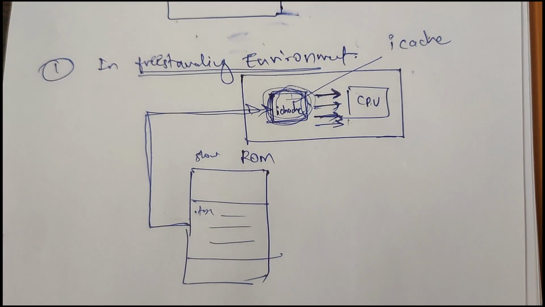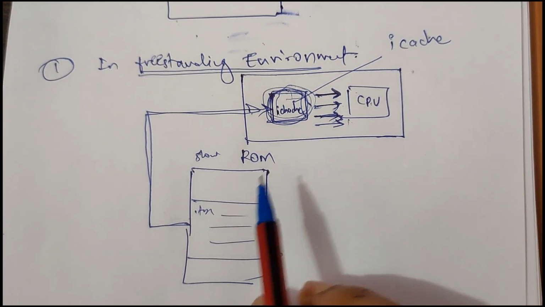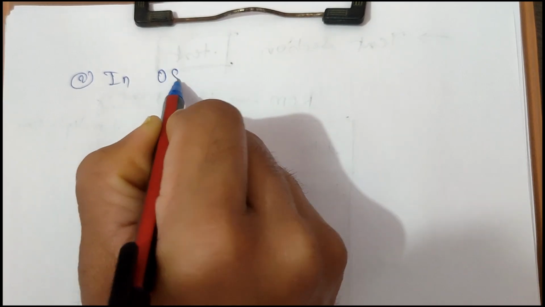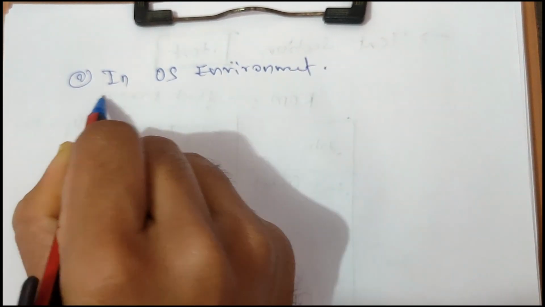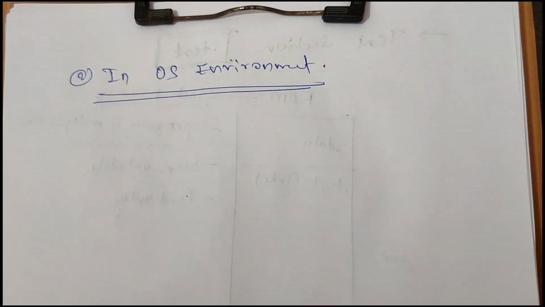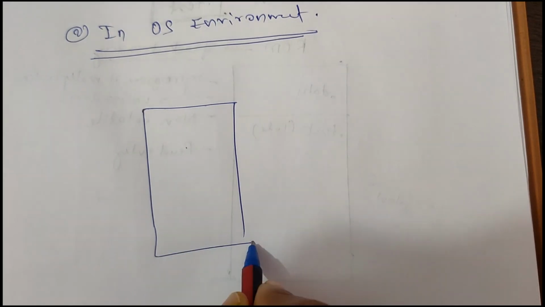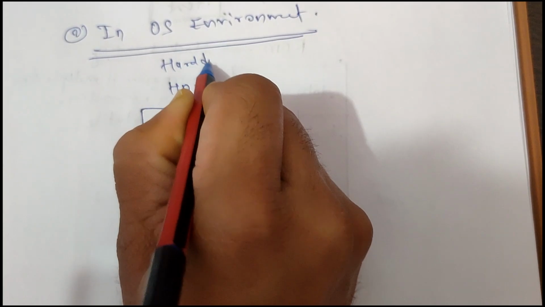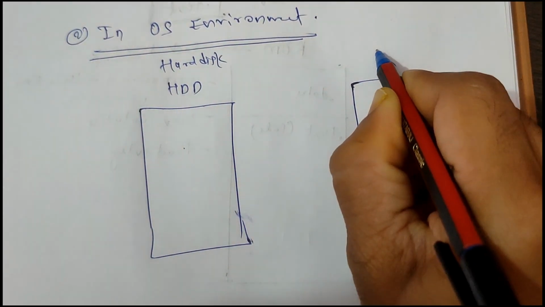Now we will see another environment, that is the OS environment. So I am writing here a second time, OS environment. In the OS environment, what things are there? Here I have HDD, or you can say hard disk, and here I have DRAM.